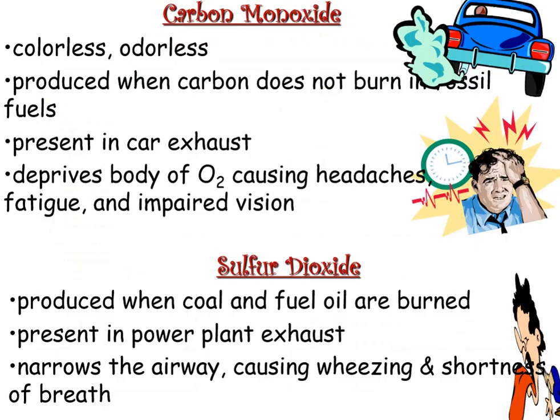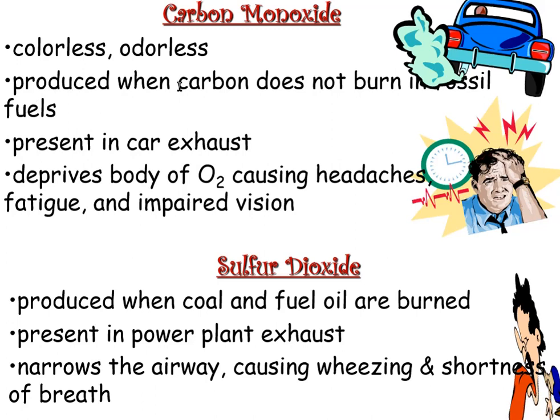Let us look a little bit more in depth into carbon monoxide and sulfur dioxide. Carbon monoxide is a colorless and odorless gas. It is very poisonous, but the problem is that since it is colorless and odorless, you will not know that it is present in the atmosphere, so it is very harmful for us.